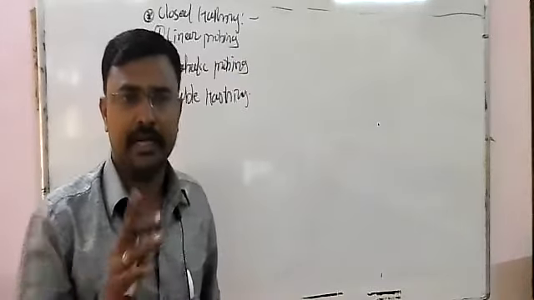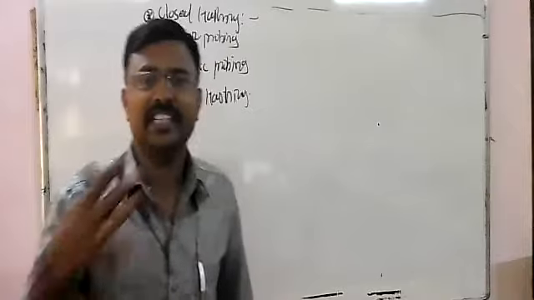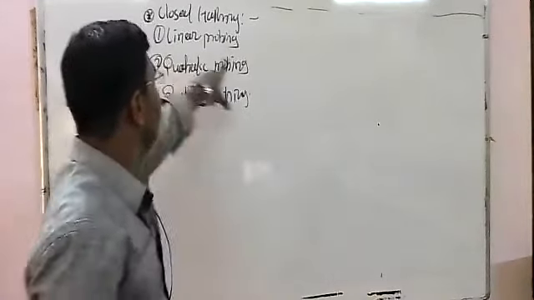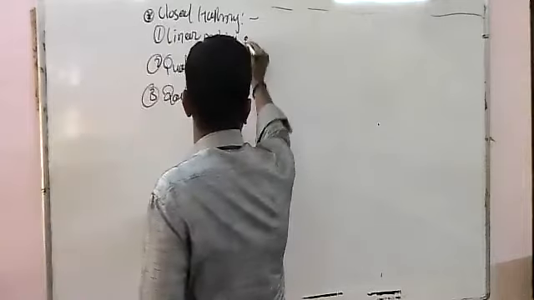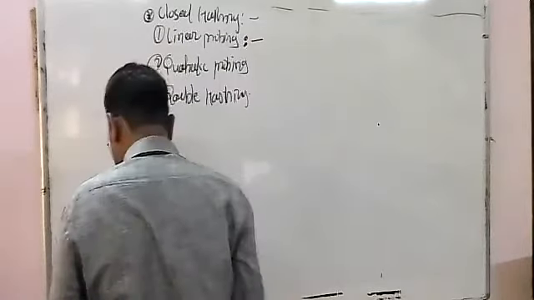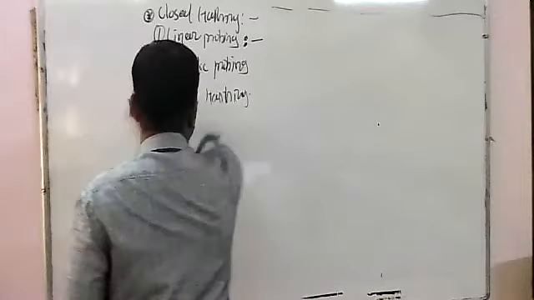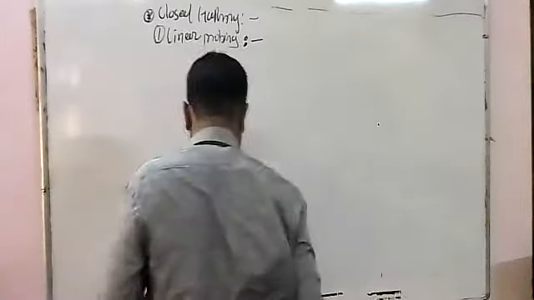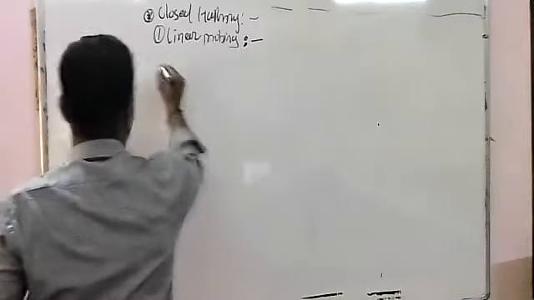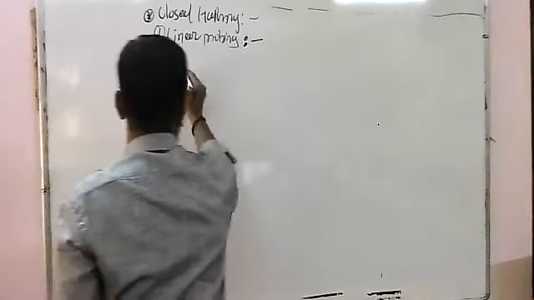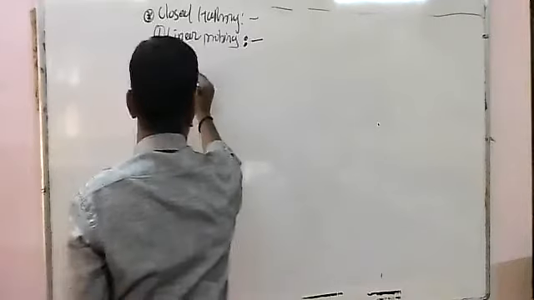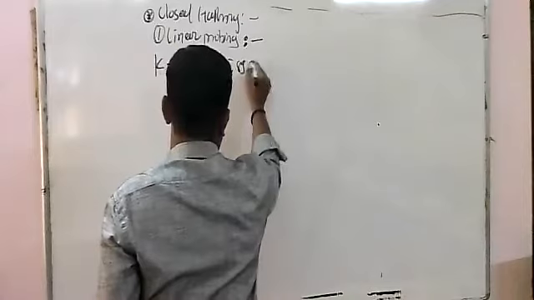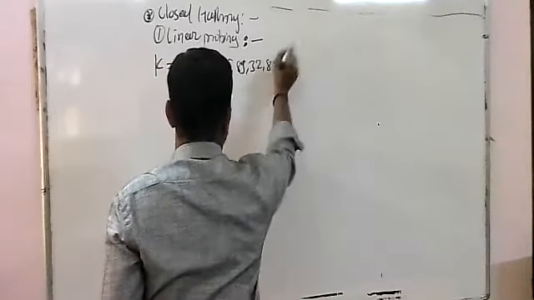In that, the first one we have seen is chaining. Next we are going to see linear probing. For example, let's see some key elements: 29, 42, 45, 89, 32, 85.